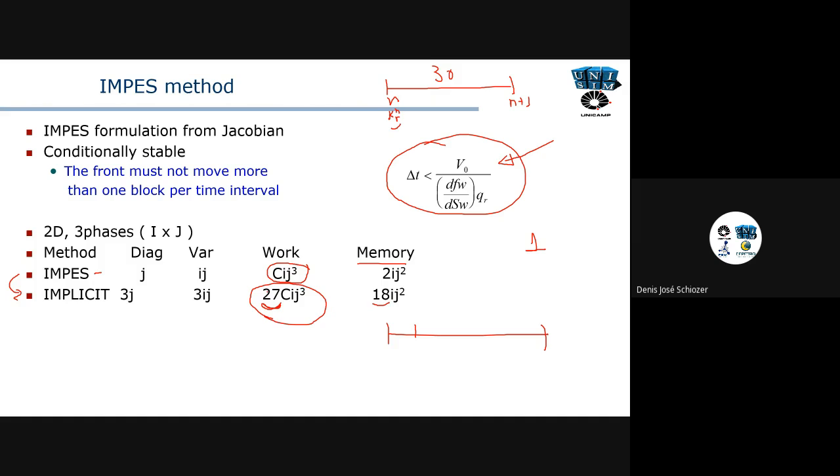So again, when people say the implicit solution is faster, you have to be careful, and not always. Normally, the implicit solution is faster, but because the time step sometimes is very small, the solution will have to perform too many time steps. Sometimes the implicit solution even takes more time than explicit methods, okay? So be careful about that, be careful.